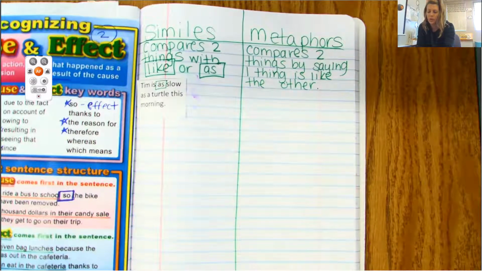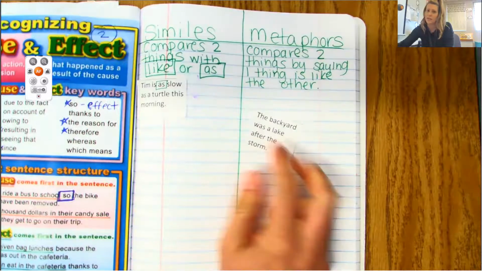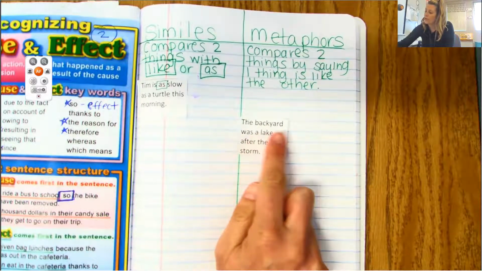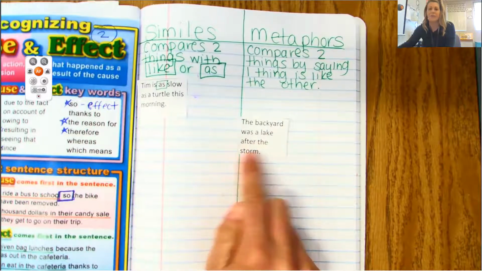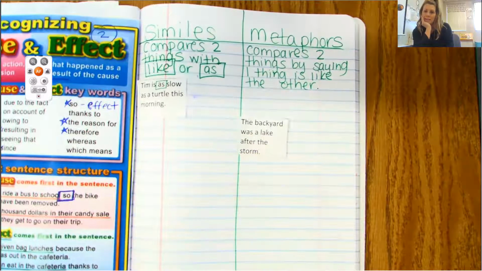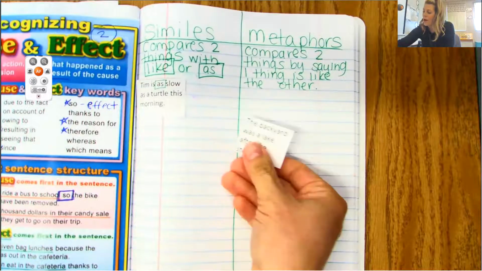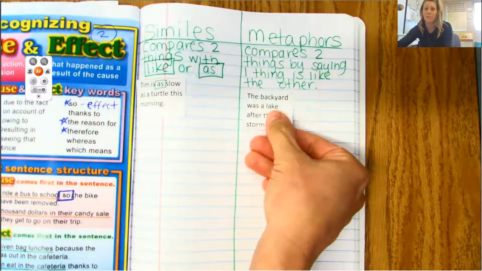All right, so remember, we are going across. Here is the next one. The backyard was a lake after the storm. Simile or metaphor? Go ahead and put it where you think it should go. Okay. The backyard was a lake after the storm would be an example of a metaphor.